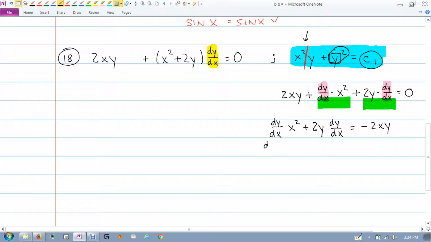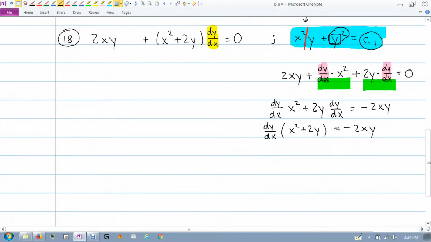Then I'm going to factor out dy dx on the left side, and be left with x squared plus 2y equals negative 2xy. And finally, I will divide through by this piece here, so it divides out on the left and on the right. We get dy dx equals negative 2xy over x squared plus 2y.